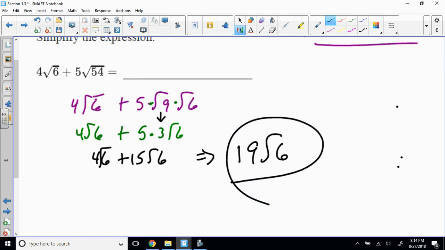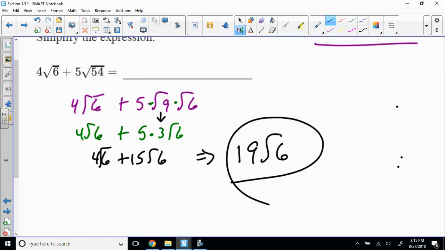What's up? Okay, so I split 54 into the square root of 9 and square root of 6, right? Square root of 9 is a perfect square, which came down to 3. 5 times 3 times square root of 6. Those are all tied together. Well, see, when I simplify, when I find a perfect square, the radical goes away, right?